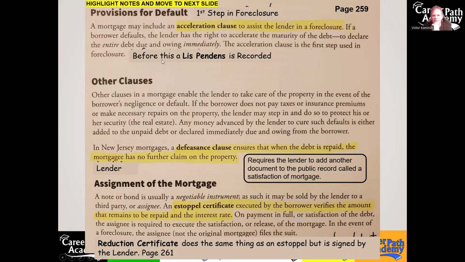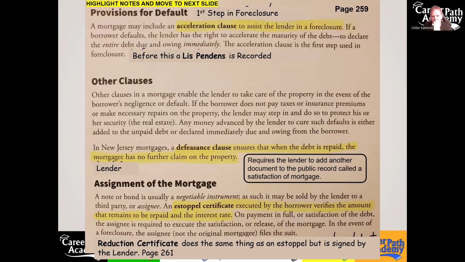First step in foreclosure, before this, a lis pendens is recorded. This note, and then the one down at the bottom of the page about a reduction certificate. And that the lender, mortgagee, is the lender. I'm missing the bottom one. Okay, make sure you get that. I'll give you guys a second. Just let me know when you got it.